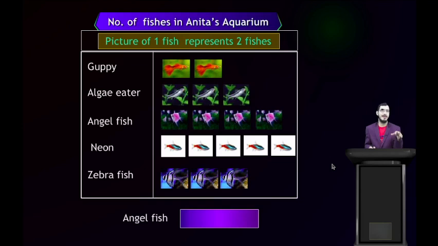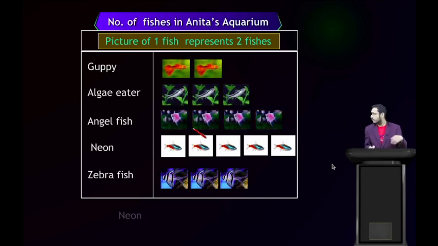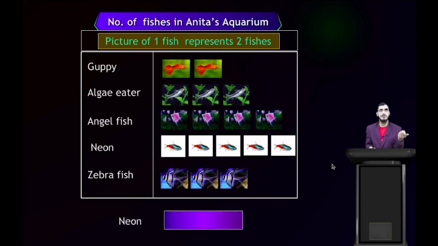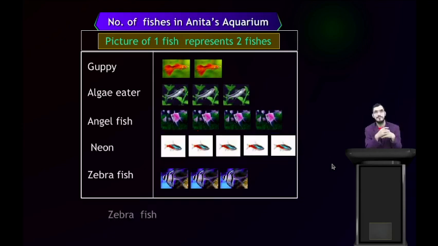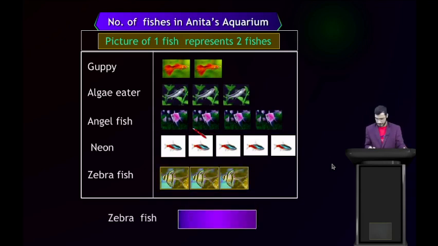Now angelfish, can you tell me the number of angelfish? 4 pictures, so 4 into 2, that is 8. Similarly, we can find the number of neon fish and zebrafish: neon 5 into 2 is 10, and zebrafish 3 into 2, that is 6.